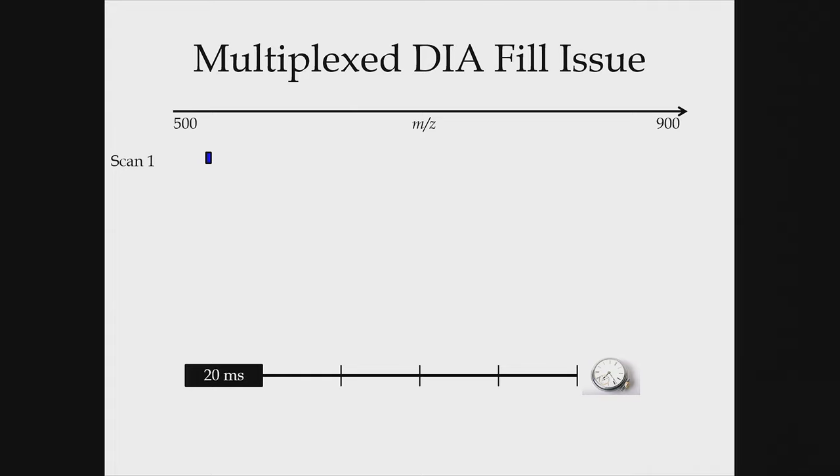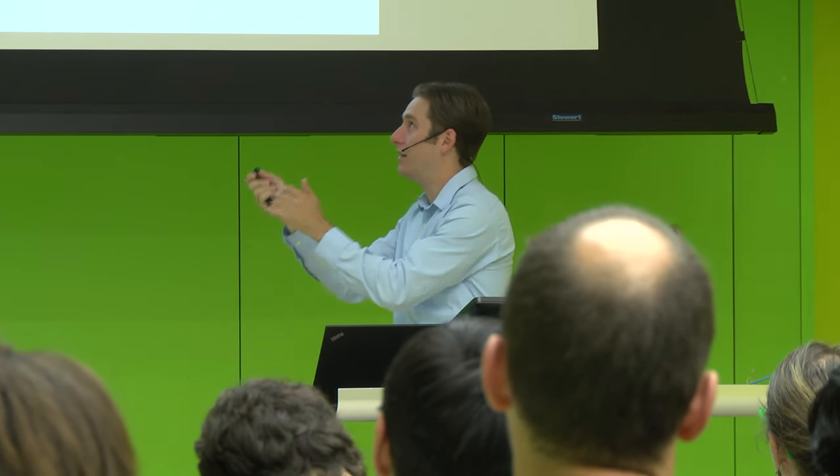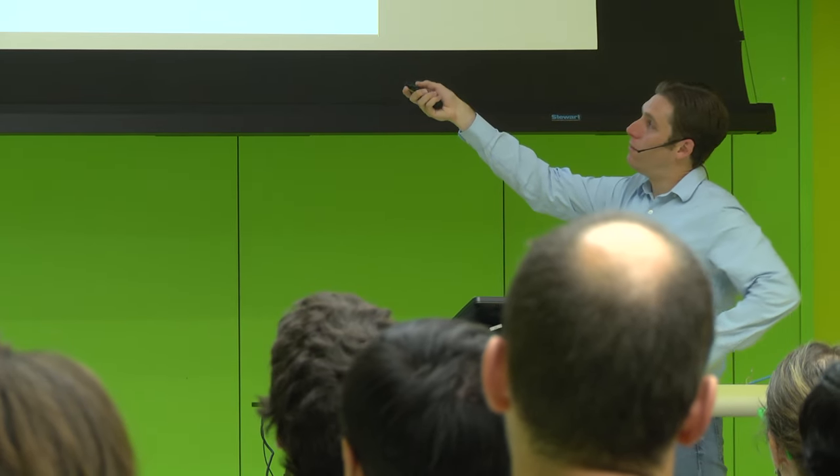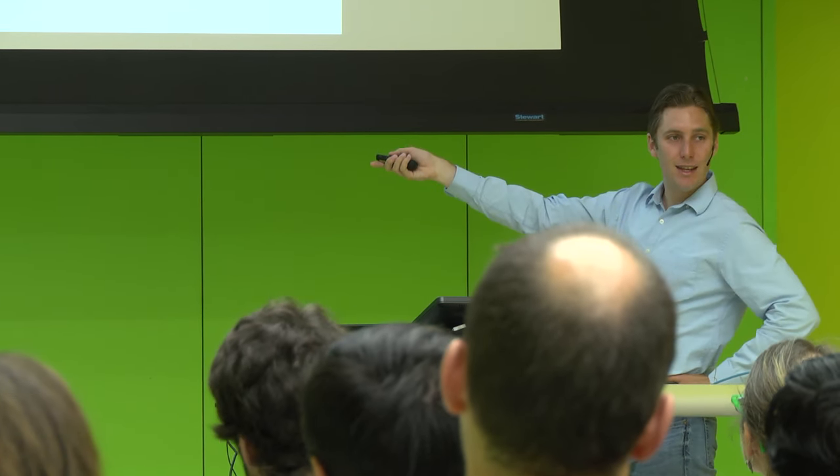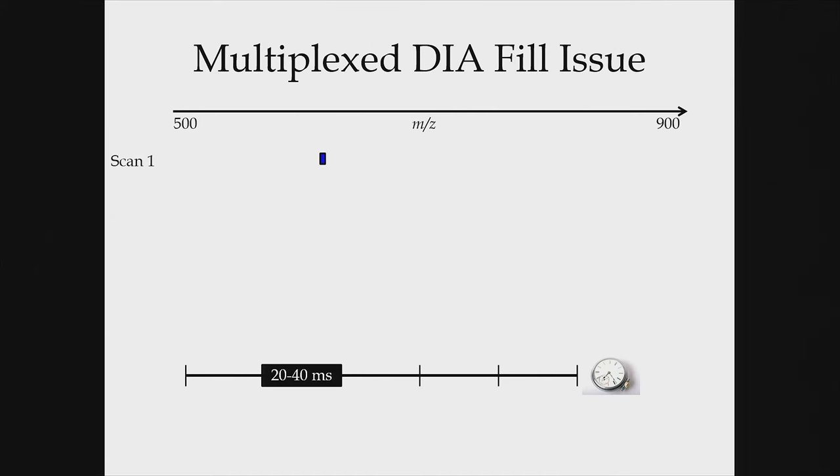That's a long inject time. If we isolated all 5 windows at once, we would get 100 milliseconds for each window, but we're not. On the Q-Exactive, the quad isolates one window, then the next one, then the one after that. So the first window is isolated for the first 20 milliseconds, let's say, and then the next window for the next 20 milliseconds, and so on and so forth.